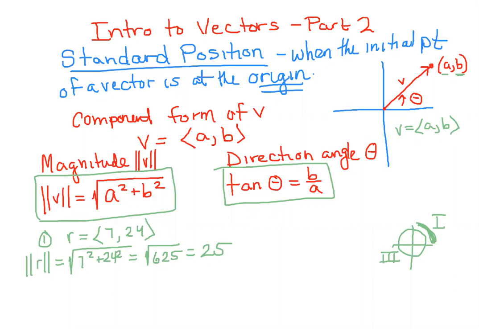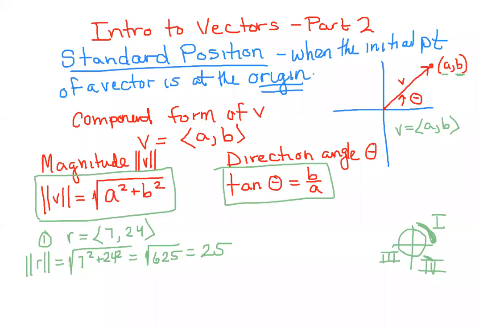So if your angle is in the third quadrant, then you're going to have to do something to that angle. Same thing if you put in a negative tangent, it's going to give you something down here in this fourth quadrant, except it's going to be negative. And so you're going to have to change it depending on which quadrant it's in.